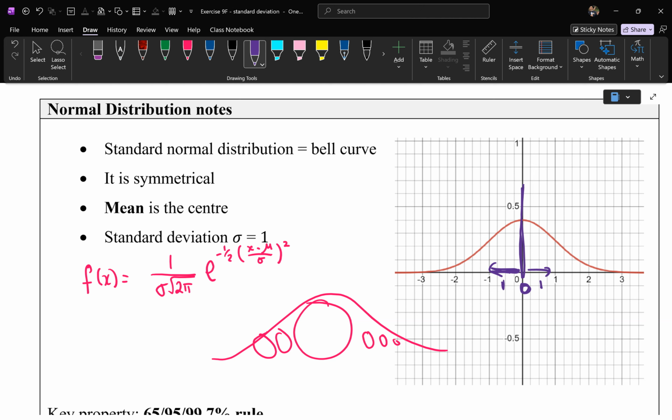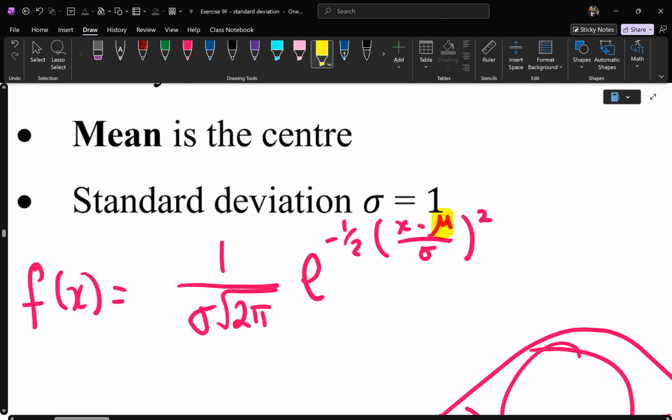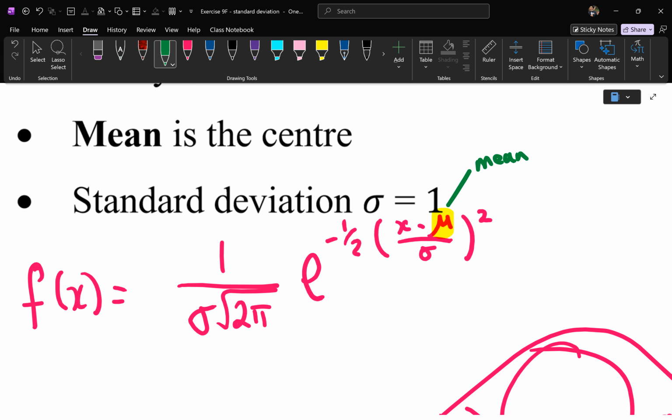What's special about it, you notice within the formula there are 2 letters that are used here. You've got mu, which actually means the mean. So that's the average. If you know the average of a certain data, that's what that is. This represents standard deviation, which is the spread.